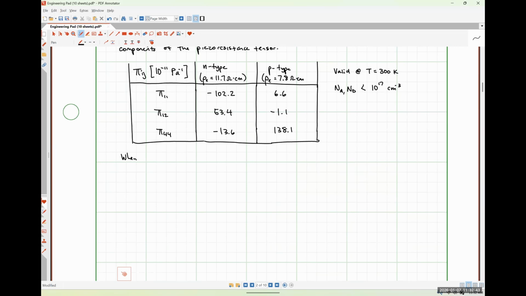When strains occur in directions other than the 1, 0, 0 directions, we use combinations of the anisotropic piezoresistive coefficients.